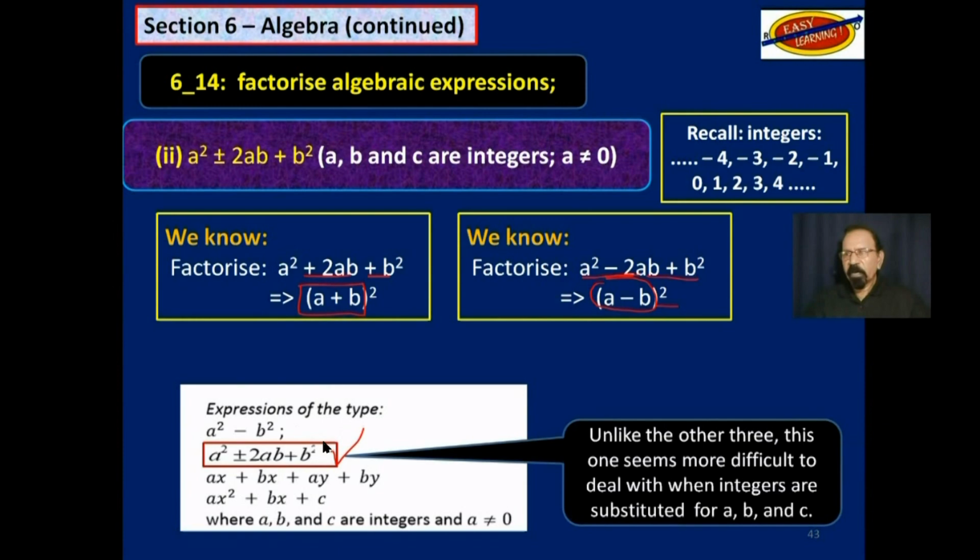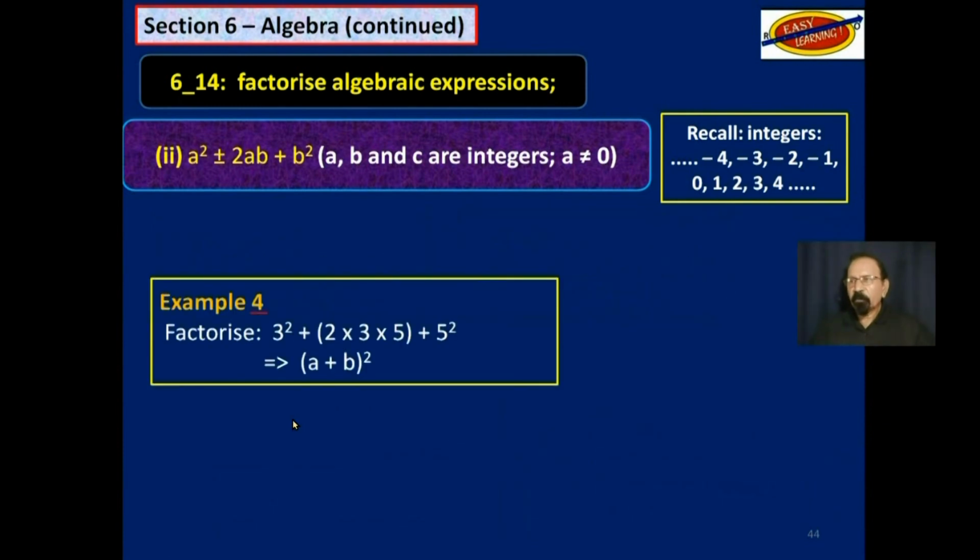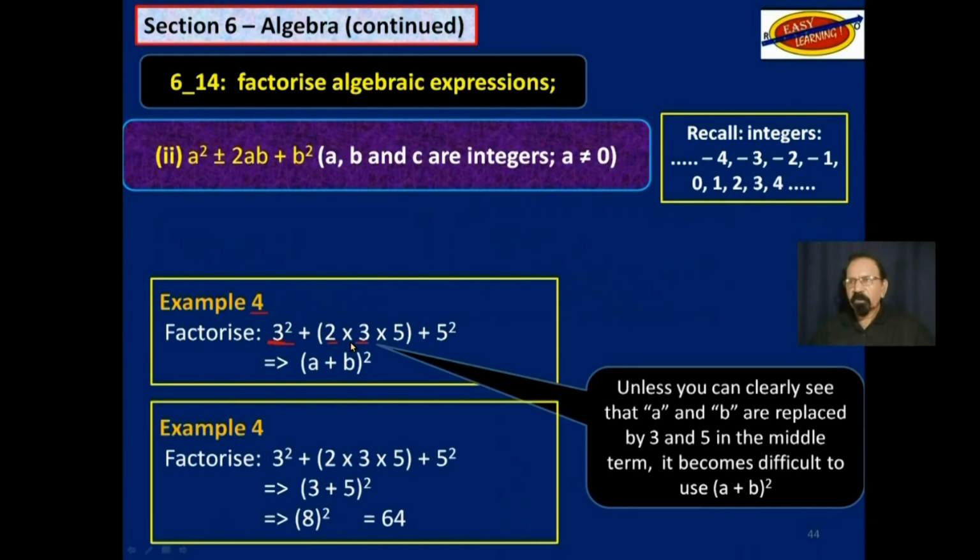And we already dealt with that one. So example 4, factorize 3 squared plus 2 times 3 times 5 plus 5 squared. Except you may see this one in the middle here as 30. Then you have to break it down to this.